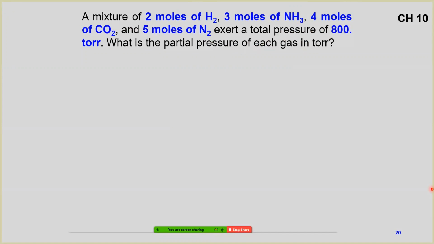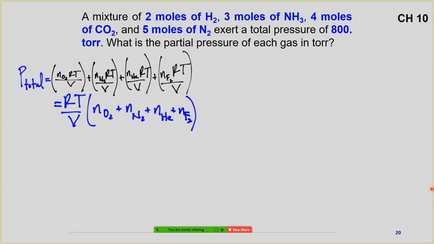All right, so this one is probably going to be a little bit more challenging, but this is the equation that we need right here. This is the equation that we're going to need. So we need to calculate the total pressure. And so all we have to do is add up the number of moles of the gases, right?